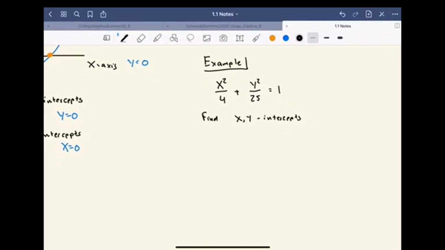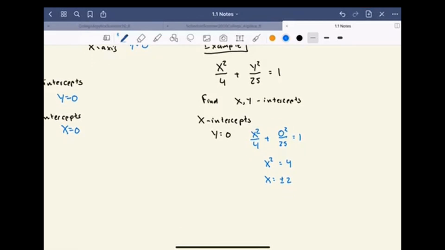Okay, so now remember, the x-intercepts are given by the equation y equals 0. So, if you have y equals 0 here, that means x squared over 4 plus 0 squared over 25 equals 1, or x squared equals 4, x equals plus or minus 2.